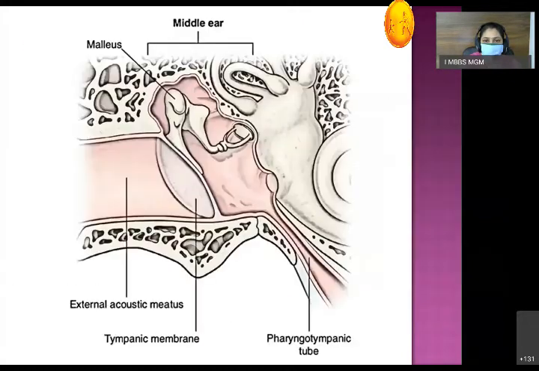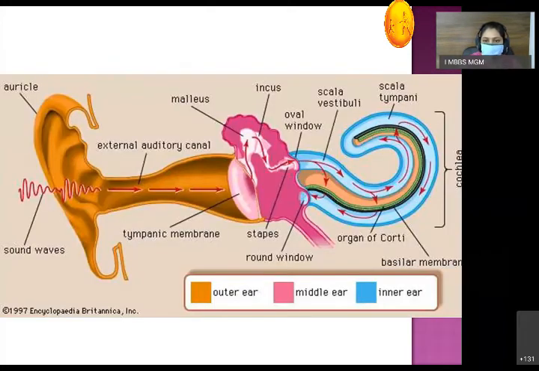And in the very first figure, here you can see this will be the lateral wall, which is formed by the tympanic membrane, and this is the medial wall. From the lateral wall, it will communicate with the external auditory canal, and from the medial wall, it will communicate with the internal ear, the inner ear.